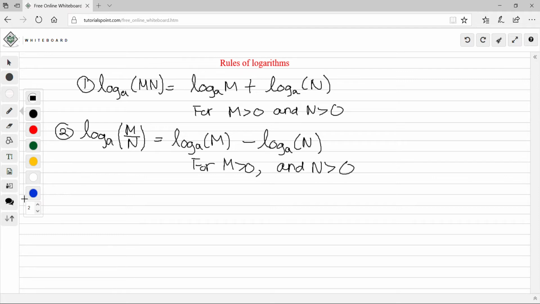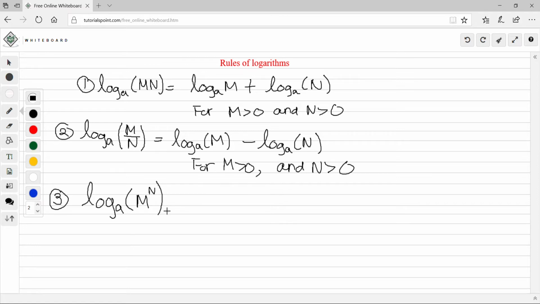Number 3 is the power rule. So you have log a of m to the n.